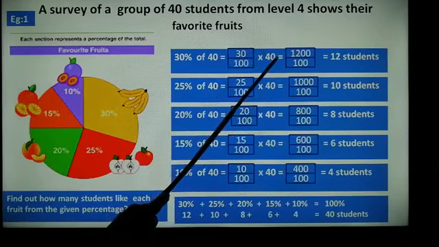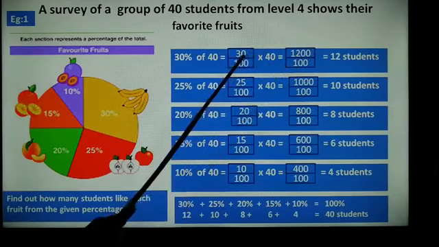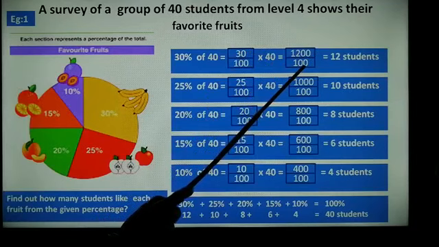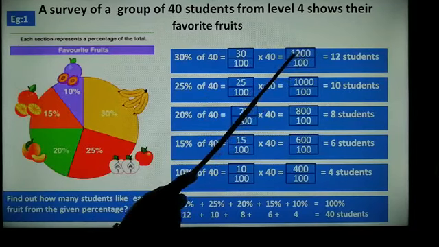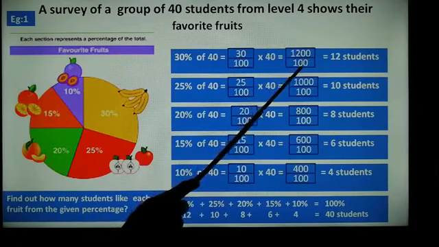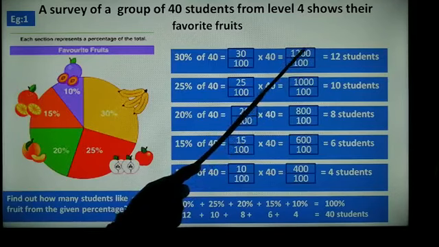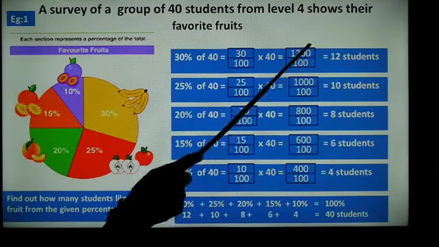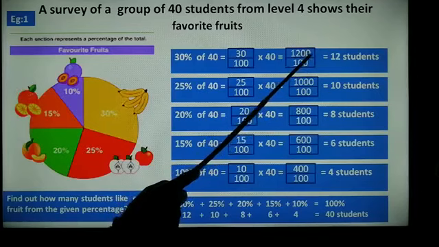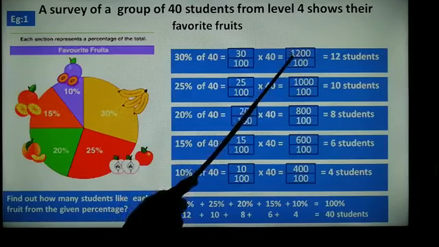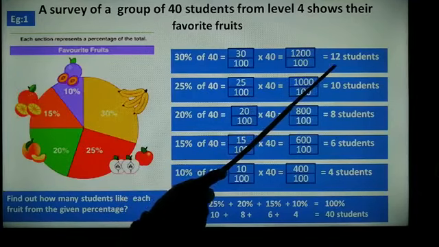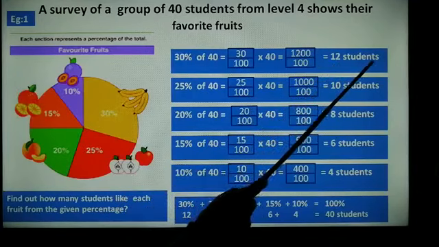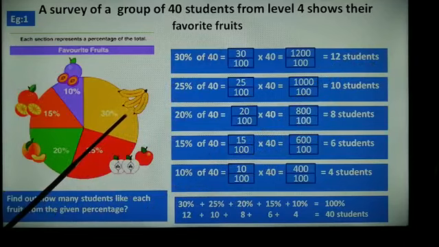Then how many zeros are there? 2. So we write them there, and write the denominator 100. 1200 divided by 100. When the numerator and denominator have zeros, you can cut them. So here 2 zeros, here also 2 zeros. You can cut all the zeros. What is left? Only 12. So the answer is 12 students like banana.